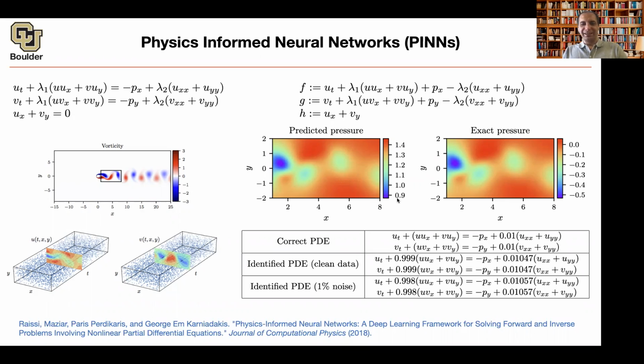And as you can see, the scale is off because of the exact same reason. The pressure is unique up until a constant. The pattern is correct, but the scale is off. So this was encouraging that you can actually learn a field.